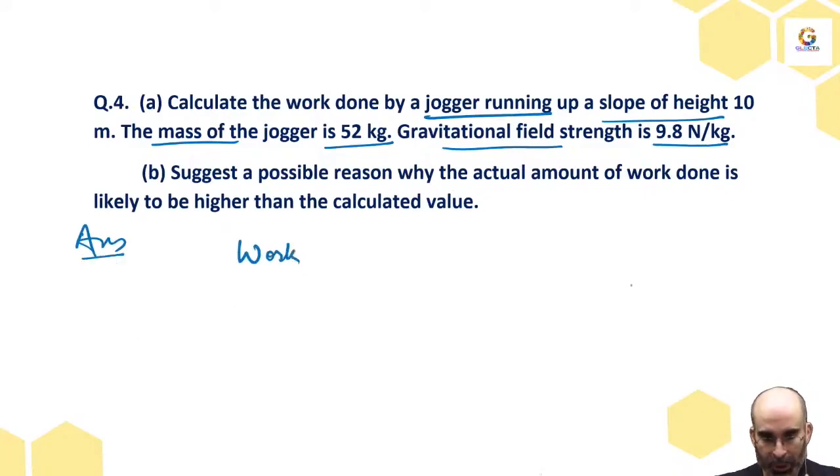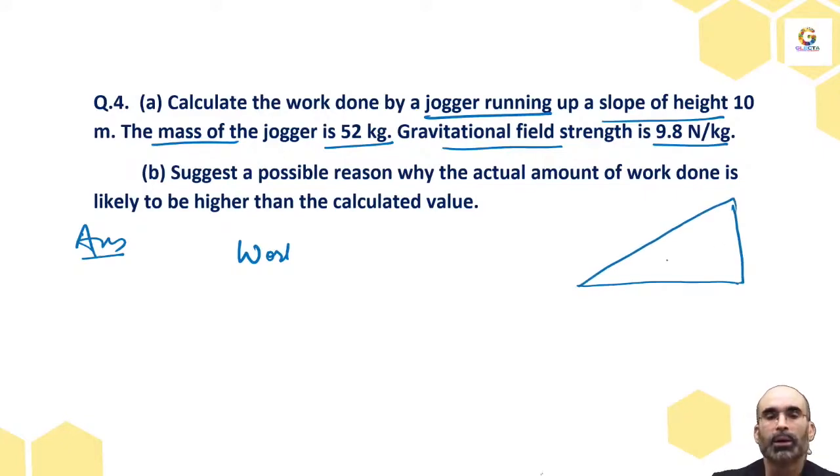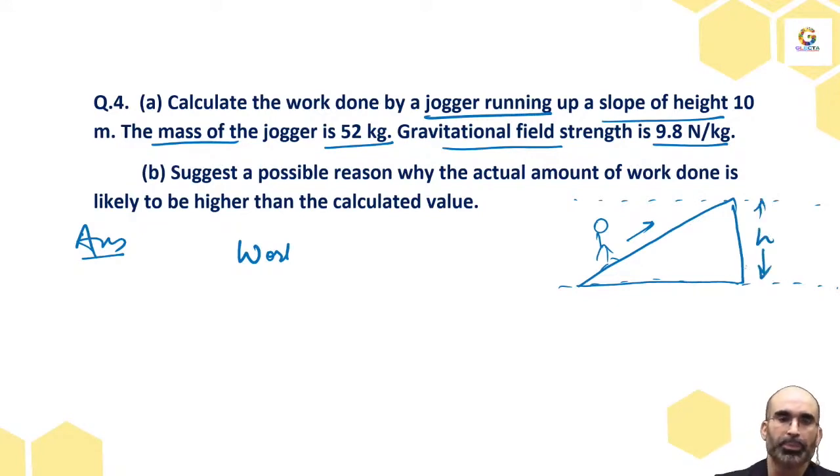So I want you to understand this very simple thing, that even though the path that the jogger followed is this, right? It is moving up. The change in its energy store is gravitational potential energy. Are you getting it?